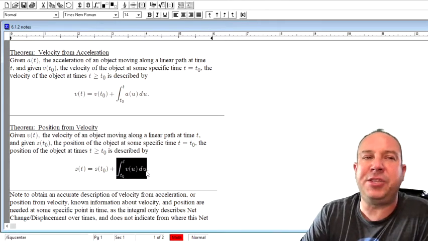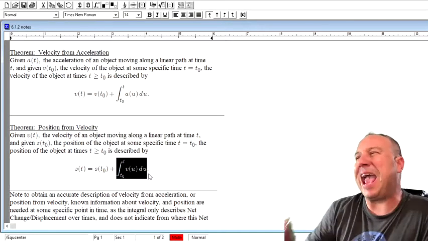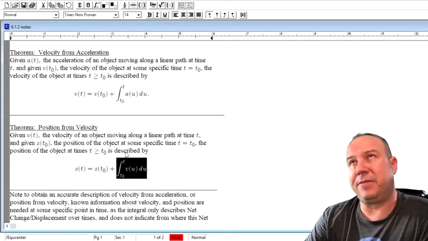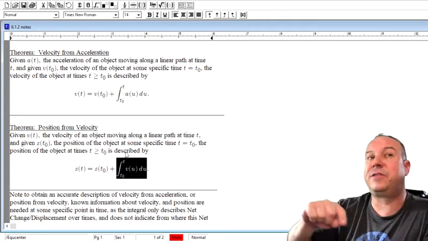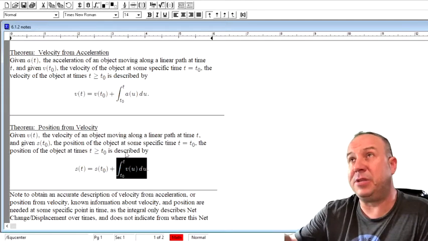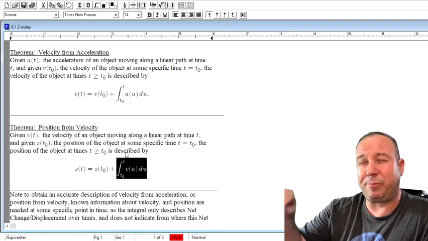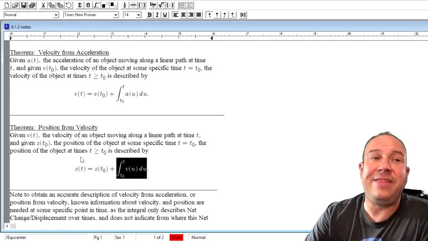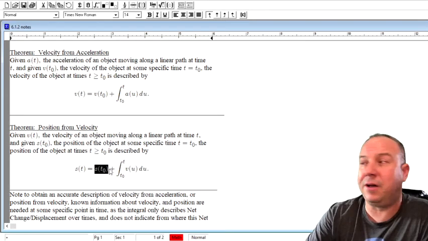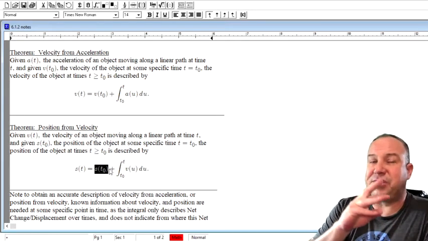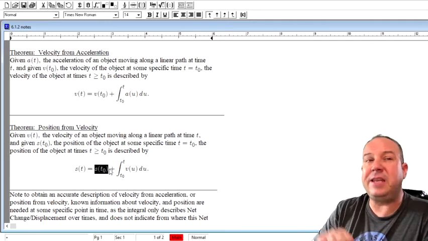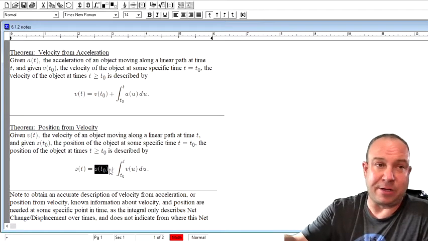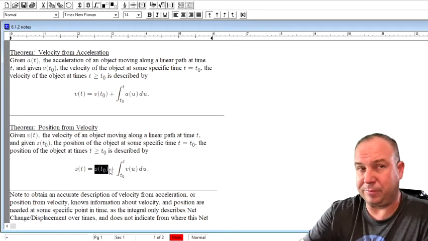But that change in position over some interval of time has to have some position to reference that displacement from, right? And that is what the observed value of s sub t null is. That is the position from which we're going to then observe a displacement over some interval of time in our description of position. All right?